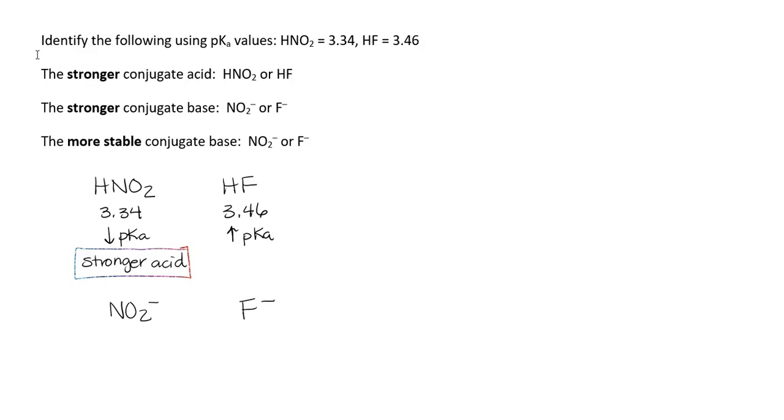So these are the conjugate bases. The stronger acid corresponds to the weaker conjugate base. And that means that fluoride must be the stronger conjugate base because it corresponded to the weaker acid.